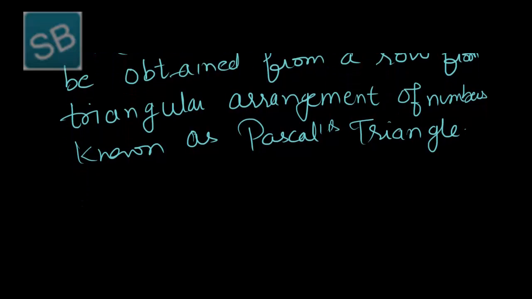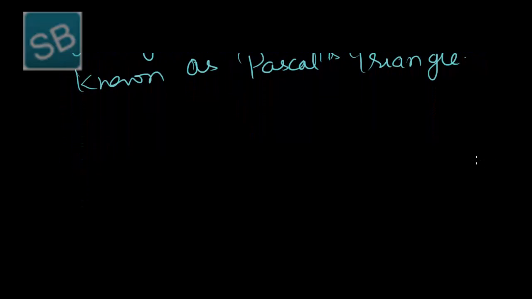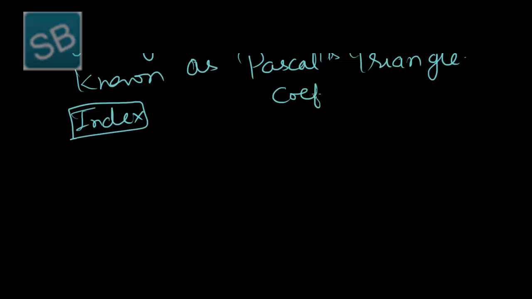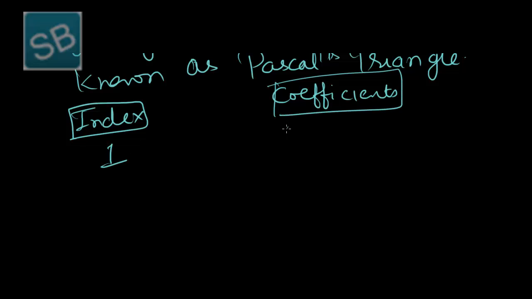Let's see how it can happen. Write here the index, that is n, and here are the coefficients. If n is equal to 1, we have nC0, that is 1C0, and 1C1 as coefficients.